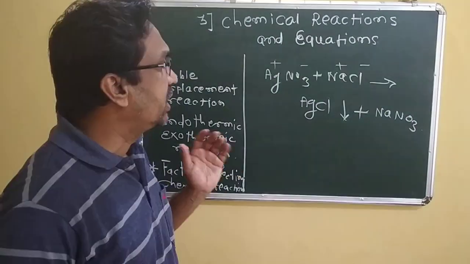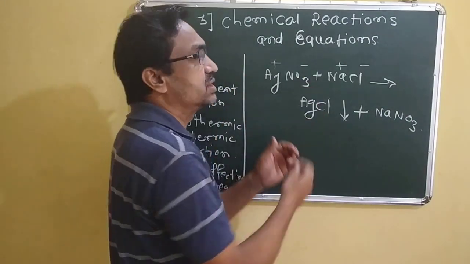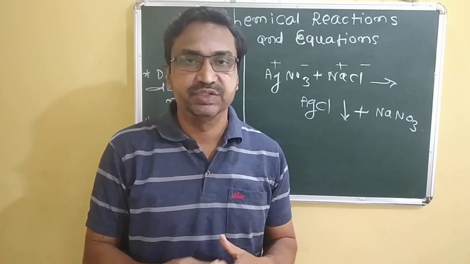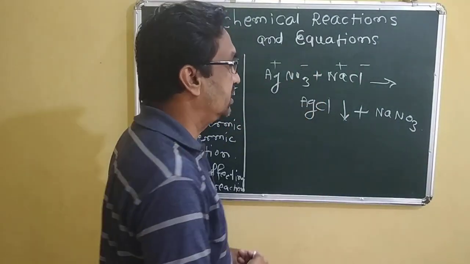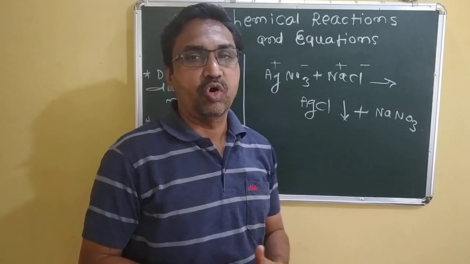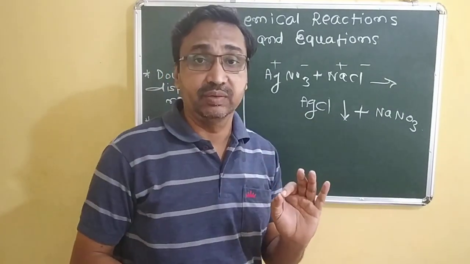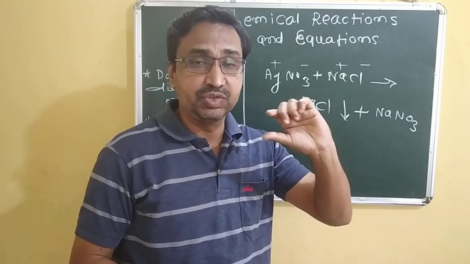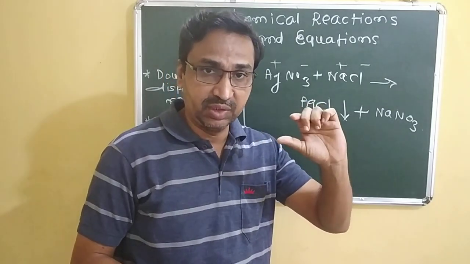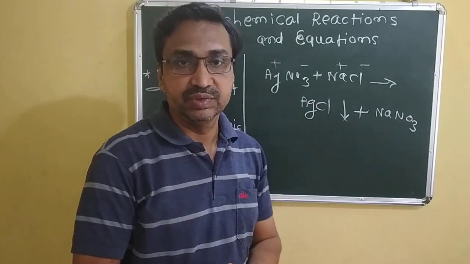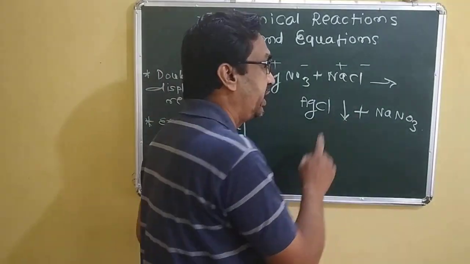So in this chemical reaction, the ions of the reactants interchange with each other, and the products are formed. In the product, we have to see a precipitate, an insoluble substance, that is silver chloride, which settles in the downward direction.